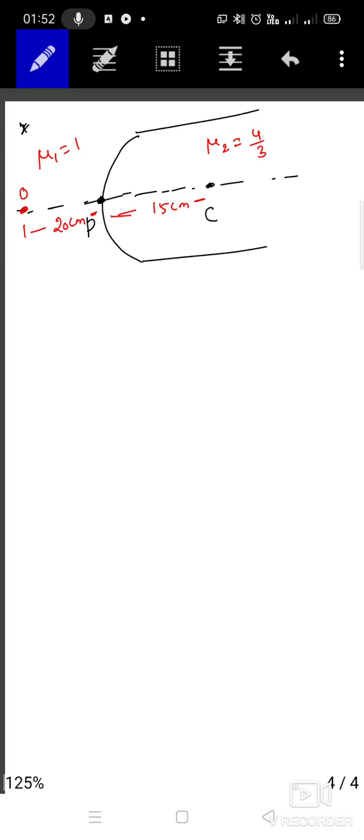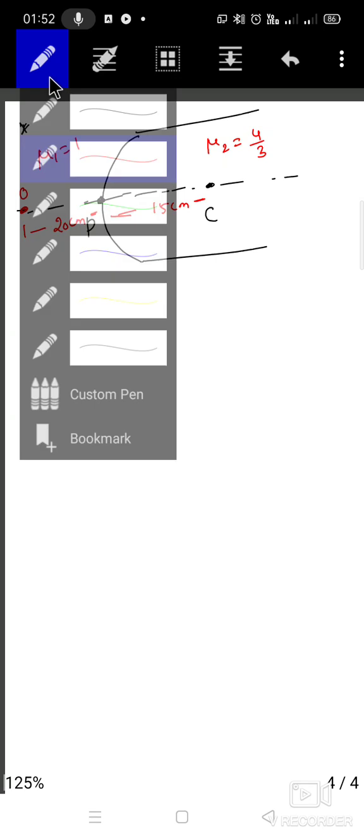Find the position of the image for this object. Let us consider an object placed in medium 1 of refractive index 1, 20 centimeters from the curved surface. The radius of curvature is 15 centimeters and the refractive index of this medium is 4 by 3. Then find the position of the image.